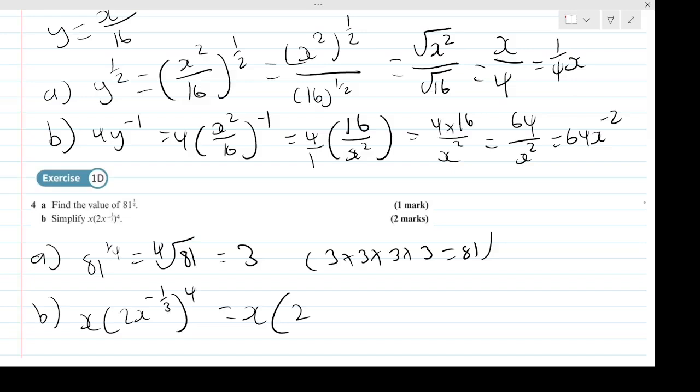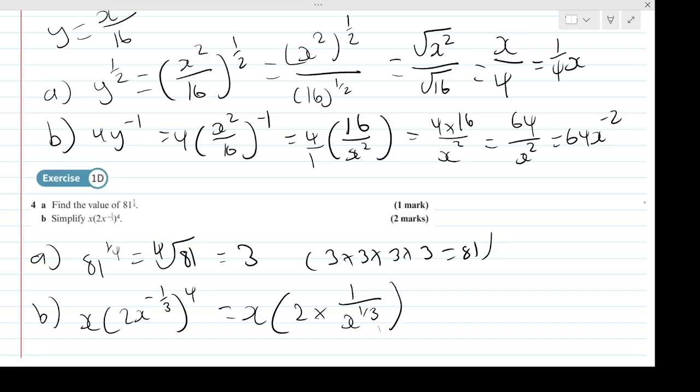So that means x on its own, it has to take the reciprocal. So the reciprocal of x to the minus a third would be 2 times 1 over x to the third, okay? So it literally just took the negative out by doing the reciprocal, okay?